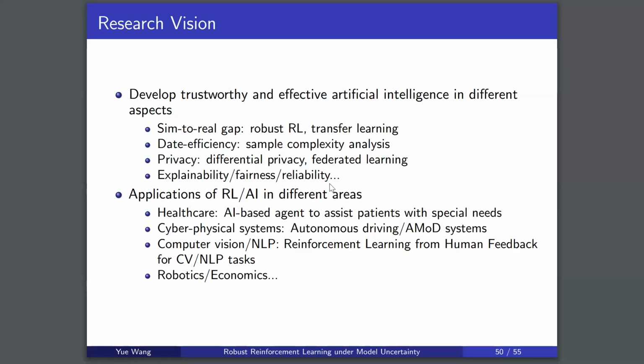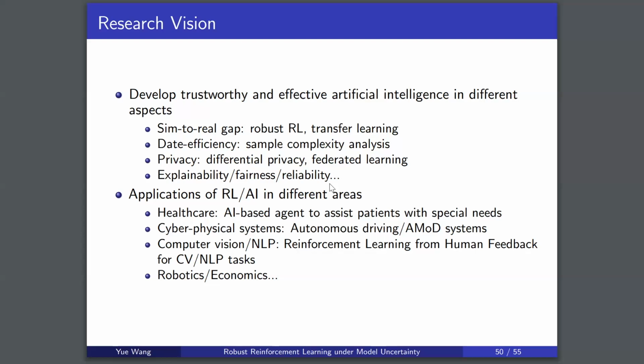I'm also interested in unifying reinforcement learning with other sub-areas of artificial intelligence, including computer vision and NLP. The recent success of ChatGPT and large language models shows the potential of the reinforcement learning from human feedback approach, RLHF. This RLHF approach showed very impressive performance on NLP tasks.